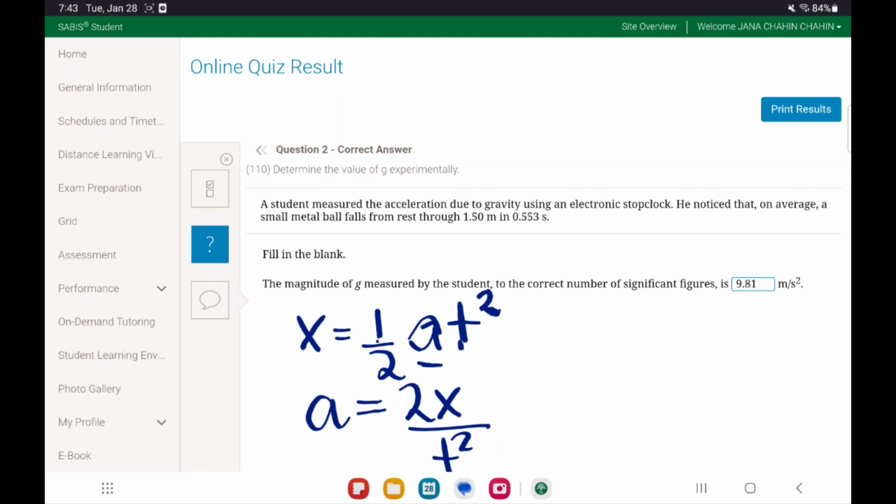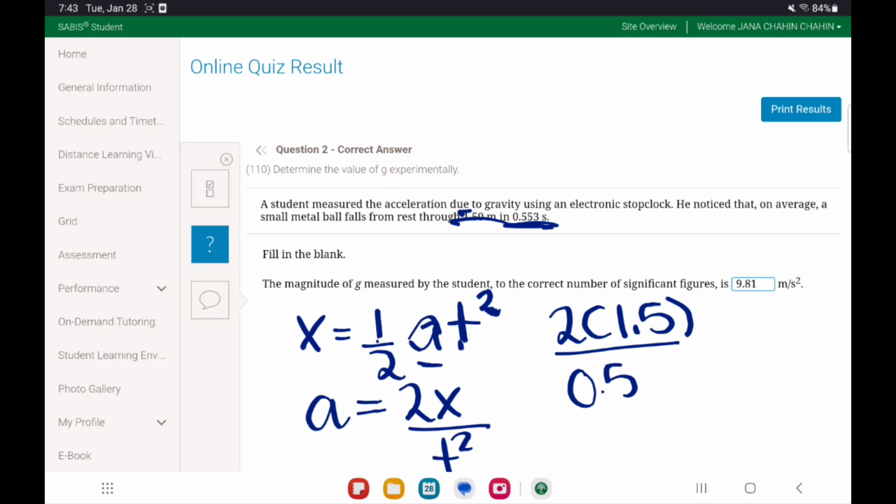So let's fill in the values now. x, like I said, is distance, so 2 times 1.5 over t squared, so t is 0.553. So 0.553 squared. Do it on your calculator, you get 9.8100448832. They want the correct number of significant figures, so you have to figure it out from here.